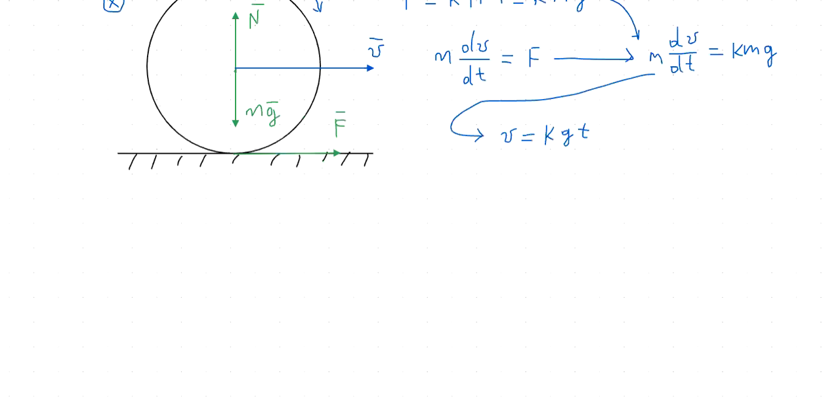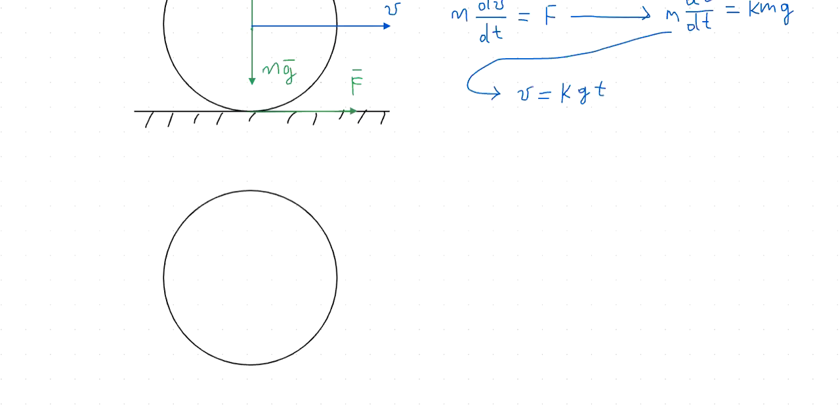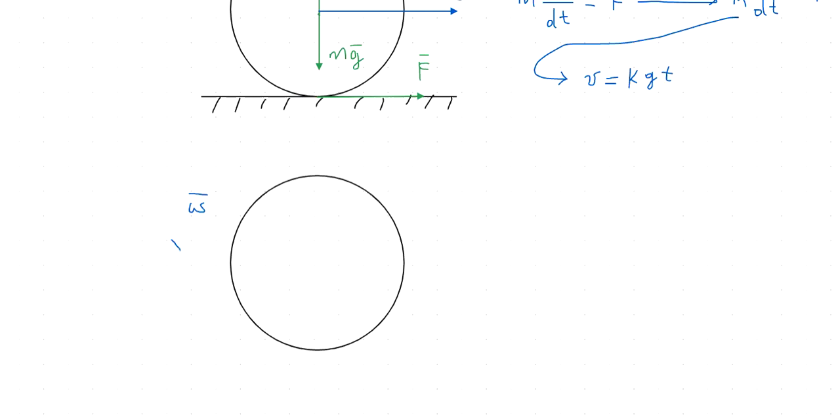Let's draw our cylinder again, and let's imagine that there is only rotational motion, that there are no other motions, only rotation with angular velocity omega that is directed from us to the screen.